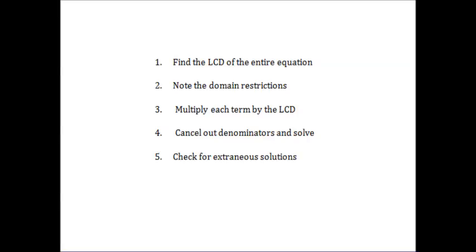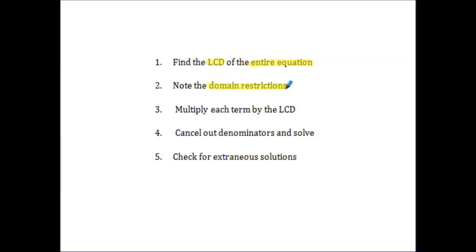In order to solve rational equations, we need to follow the following 5 steps. So really keep those in mind and mark them and read them and remember them. Find the LCD of the entire equation is the first step. Then we need to note the domain restrictions.